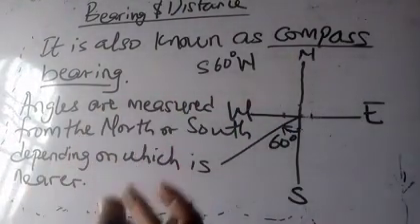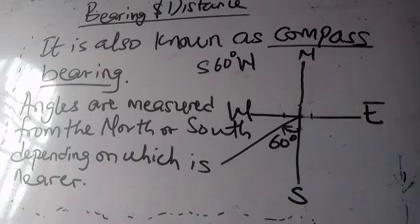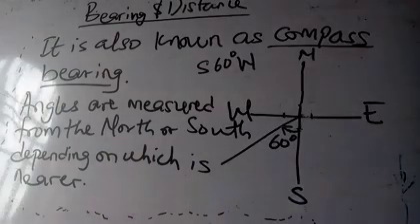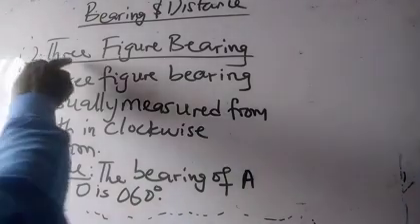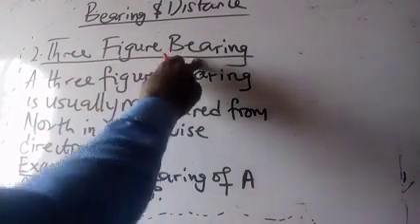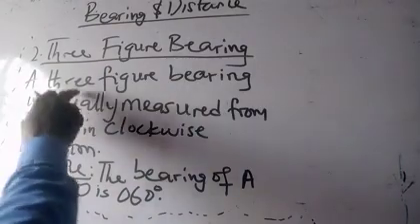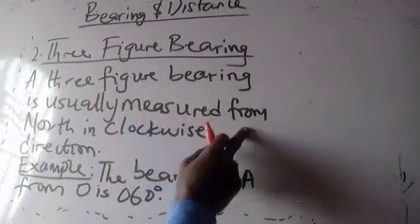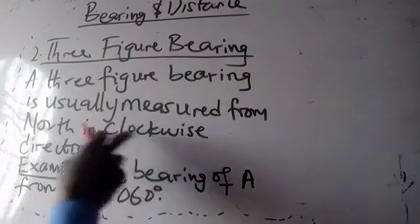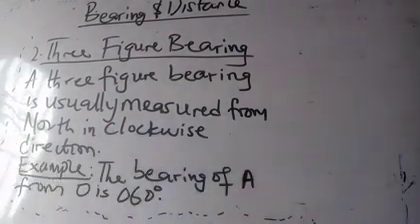Meanwhile, we have the second type that we are going to explain. The second way by which bearing is presented is three-figure bearing. A three-figure bearing is usually measured from north in a clockwise direction.